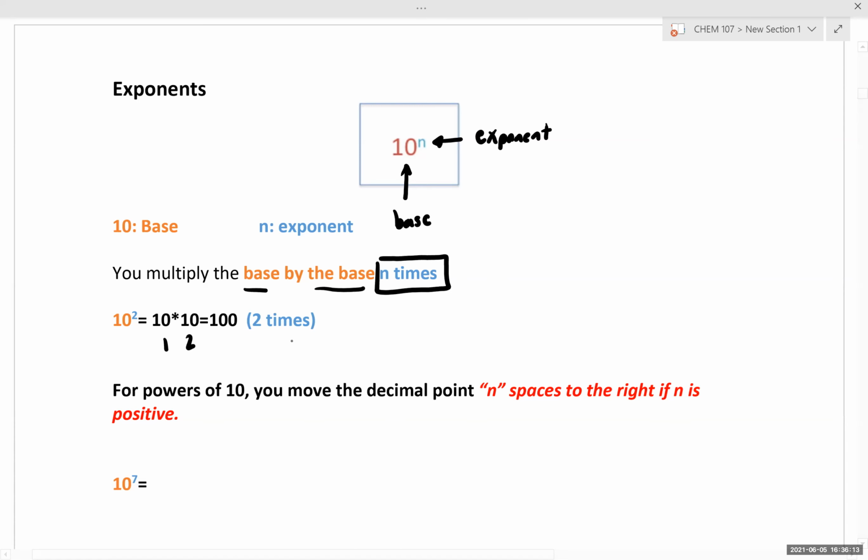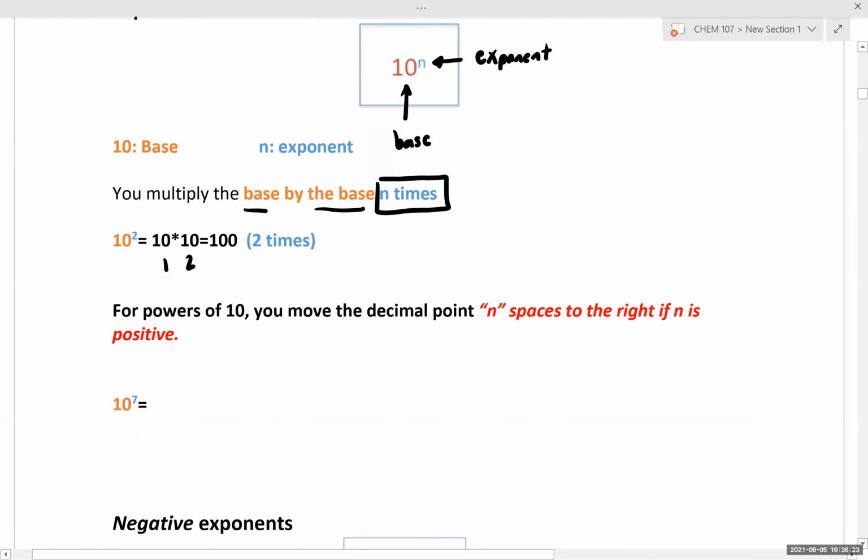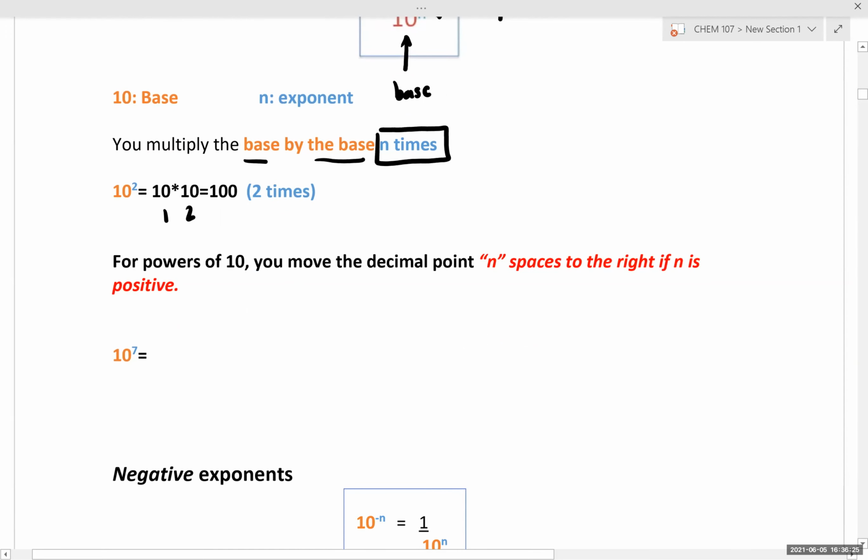Now, one easy way to convert powers of 10 into a fully written out number is to use a decimal point trick. For powers of 10, you move the decimal point n spaces to the right if n is positive.